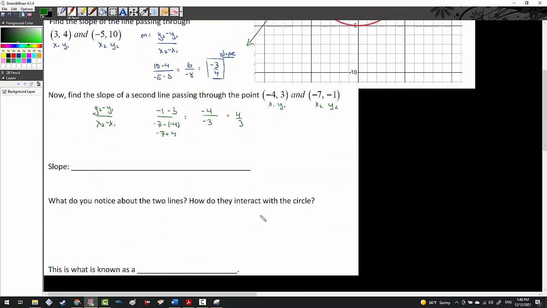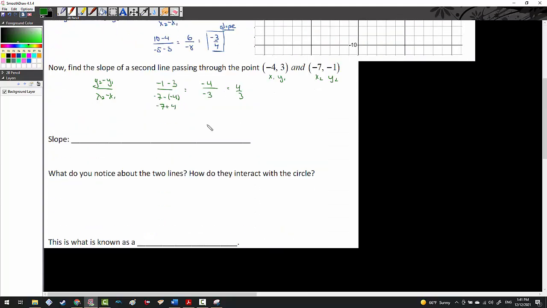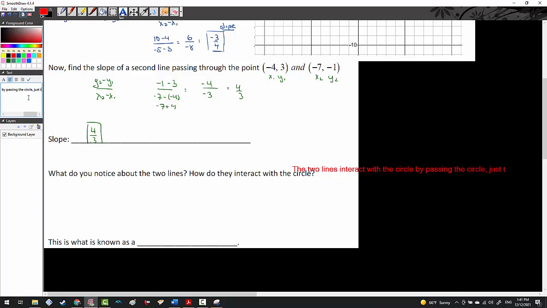Okay, so now let's answer some questions here. What are some things, actually I'll write down the slope right here, 4/3. So what do we notice about the two lines? How do they interact with the circle? Well, the two lines interact with the circle by just touching it once.